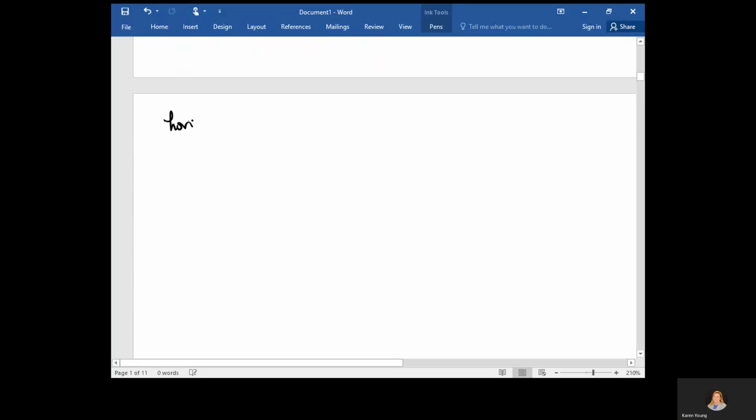So for horizontal, I might have points -2, 3, and 5, 3. Okay, so if I was to graph this, my line would graph straight across right here. So -2, 3 would be right here, and 5, 3 would be right here.